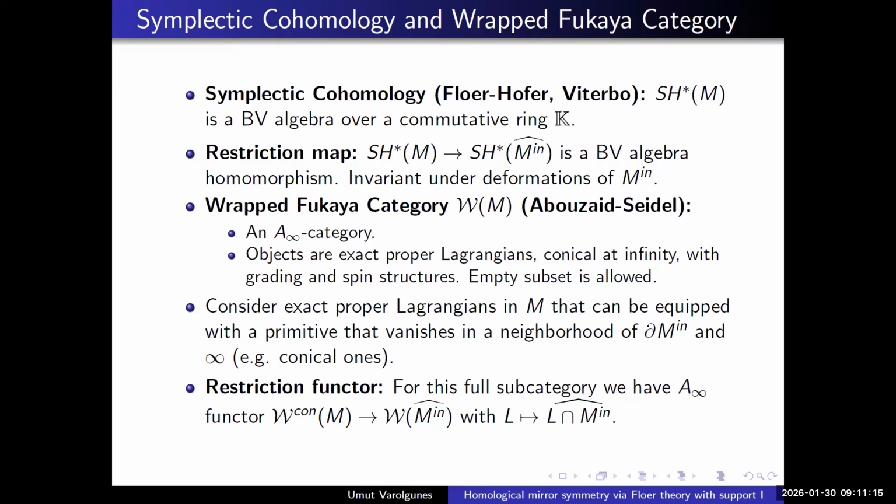I'm allowing this stranger class of Lagrangians because it gives me some flexibility for perturbing Lagrangians. M_in doesn't have to be conical; it's any Liouville subdomain, not a full Liouville subdomain. Then for the hat, you add the cone. Yes, hat means add.